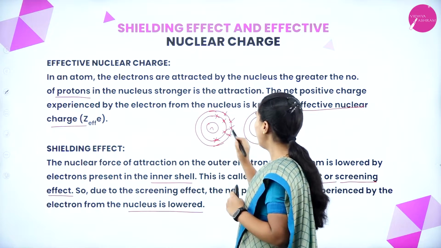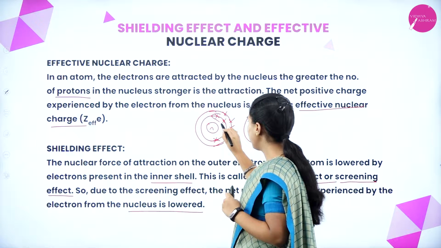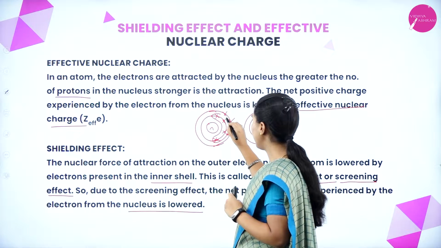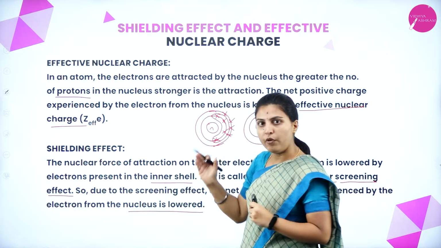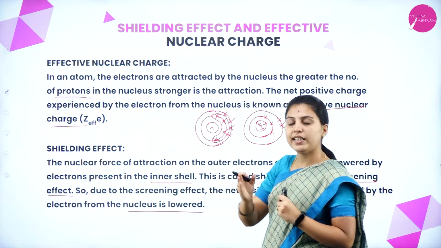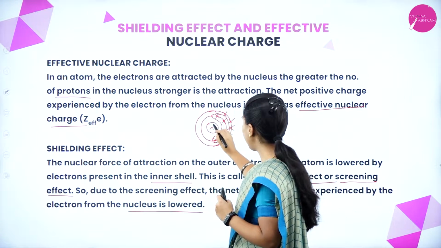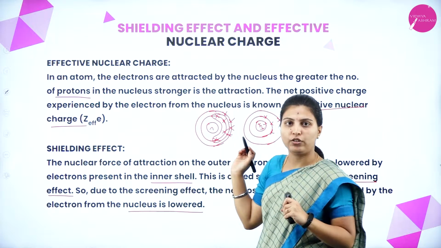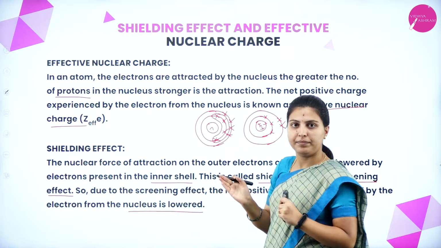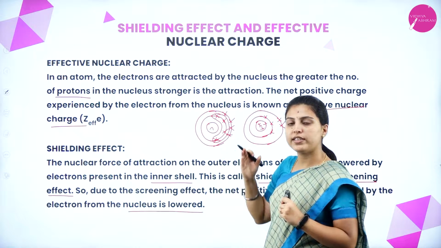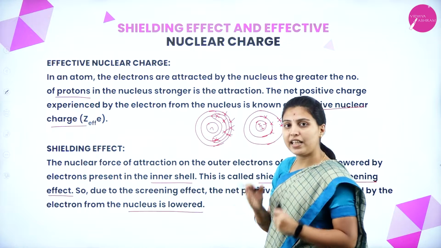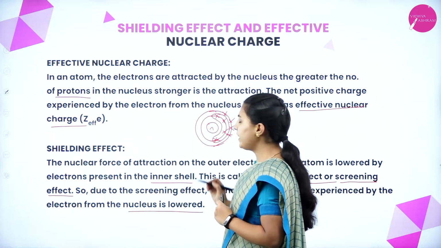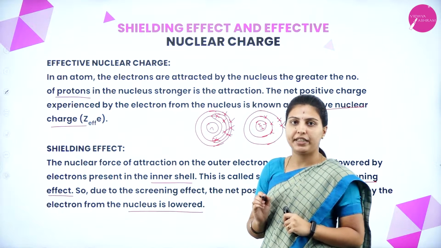The inner shell electrons act as a screen to avoid the attraction between the protons and the outermost electrons. It acts as a shield between protons and outermost electrons. This effect we call the screening effect or shielding effect.